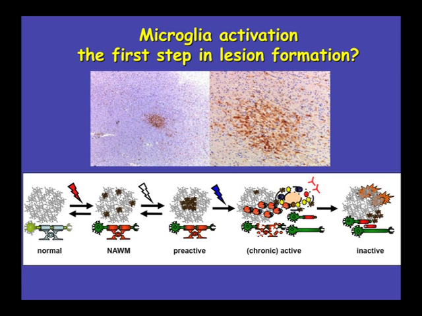And if we know that, then maybe we can develop something to stop these areas developing into an active lesion. And here's the chronic active lesion with the macrophages eating up the myelin, and then the inactive lesion here. So my research is really geared to finding out why these microglia become activated and why they group together and why some of them go on to develop the active lesion.